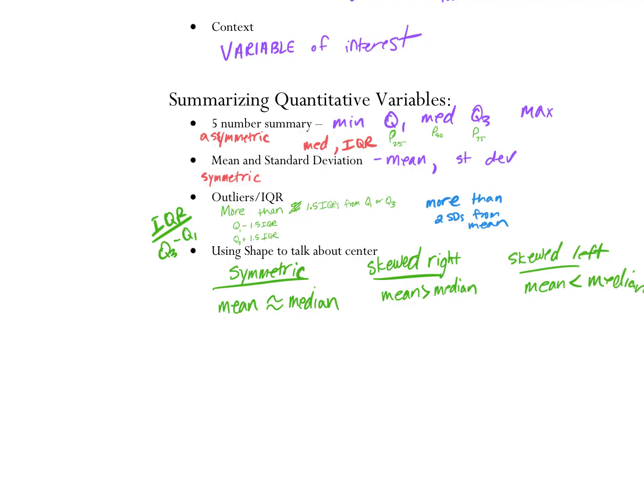And sometimes if you can't really tell whether it's symmetric or skewed, one of the things you might do is look at the mean and the median and let them help you make that decision. Frankly, the bigger the skewness, the further the distance those things are from each other, okay?